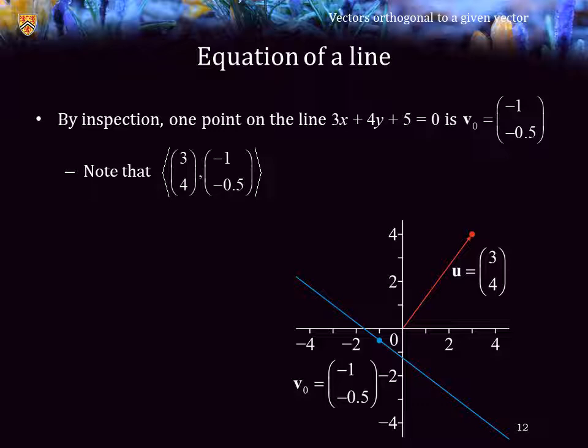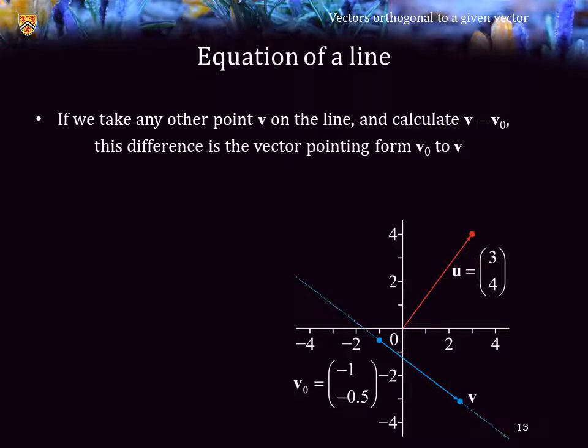The inner product of (3, 4) and this vector is just 3 times negative 1 plus 4 times negative 0.5, which is negative 3 minus 2, and that does indeed equal the value negative 5. If we take any other point v on this line, and we calculate v minus v0, this difference is the vector pointing from v0 to v.